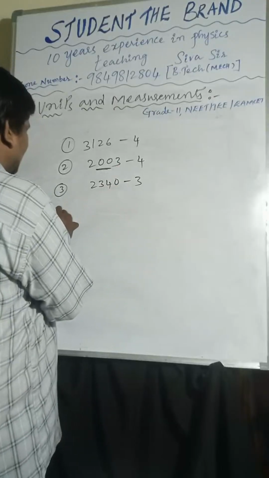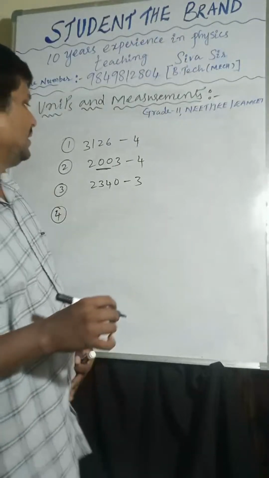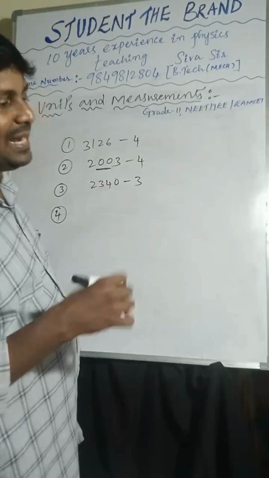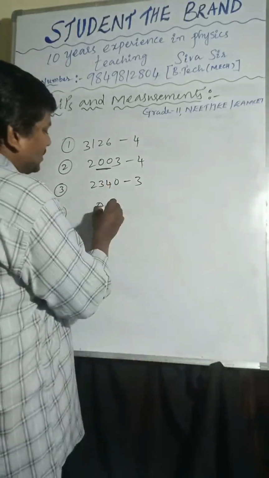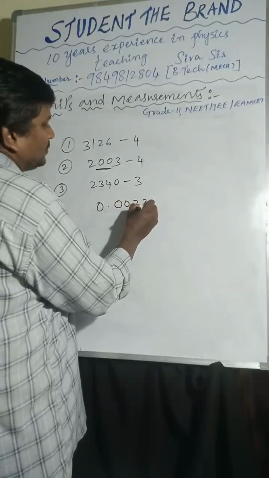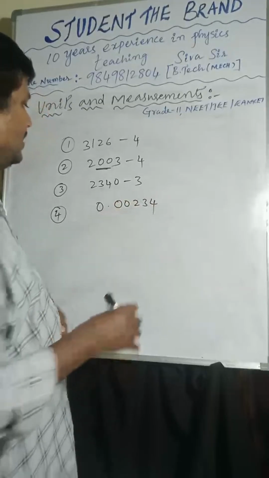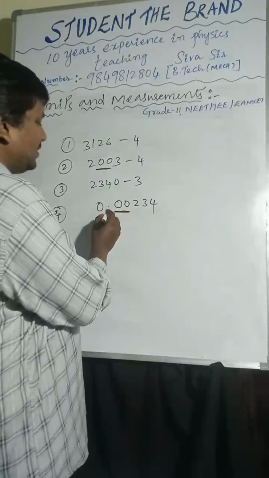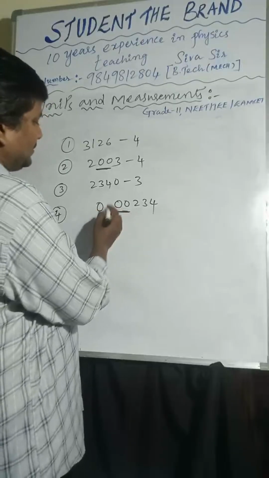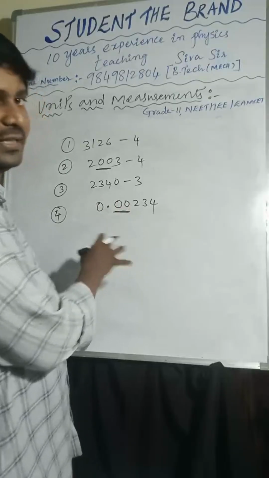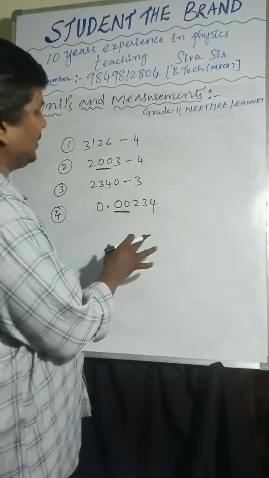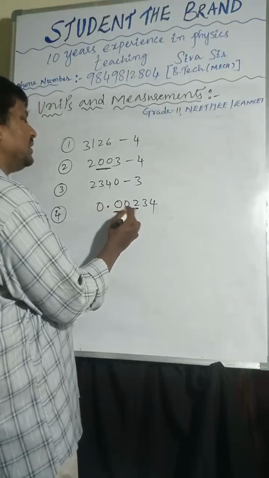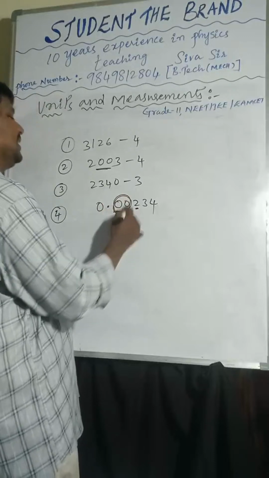And coming to the fourth one, in a number less than 1, like 0.00234, the zeros after the decimal point and to the left of the non-zero digit, these two are not significant figures.